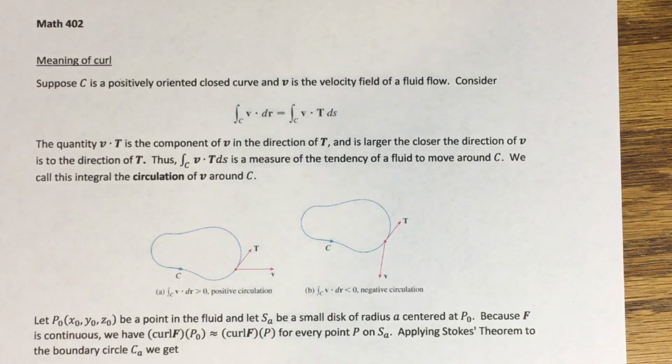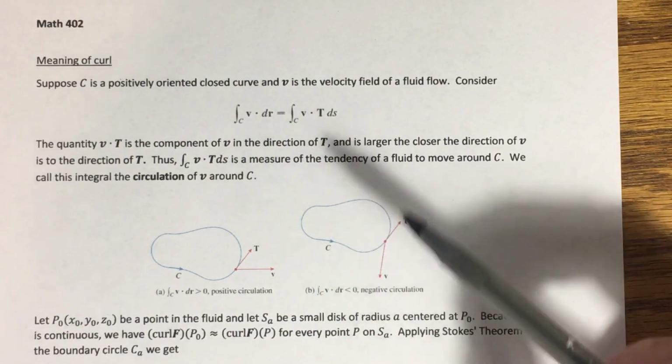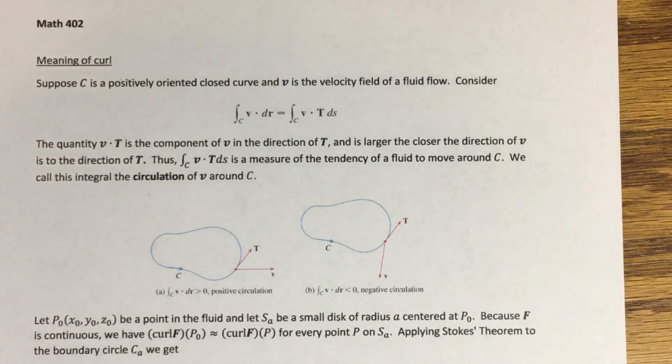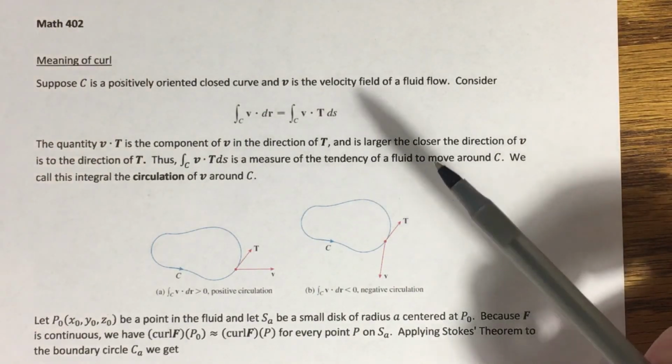We used the analogy of putting a little paddle wheel on that axis given by the curl; the curl itself tells us the tendency of that paddle wheel to rotate clockwise, counterclockwise, or not at all. Remember, if the curl is equal to 0, we say that it's irrotational.